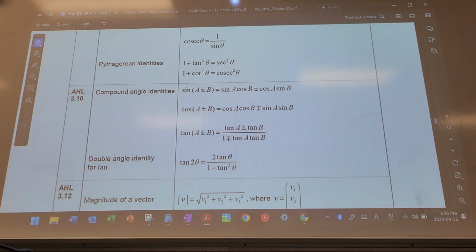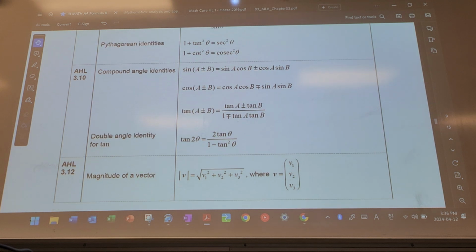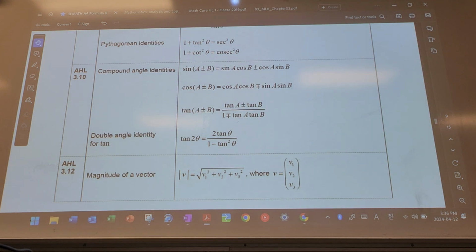We also have the compound angle identities, also useful for simplifying certain questions or problems. So for example, let's say you have a sine of 20 plus x or something like that, then we can rearrange the question to our own taste.